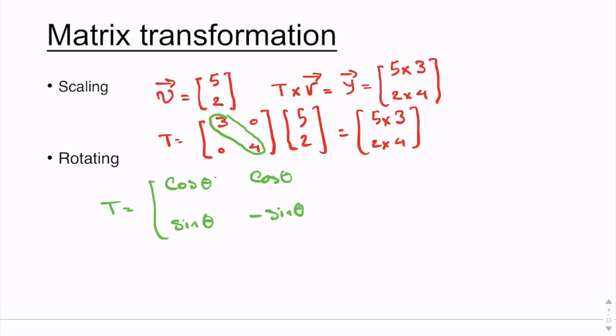So that's how we do the rotation. The rotation is taking place by a matrix. In here, theta will determine the angle of rotation.